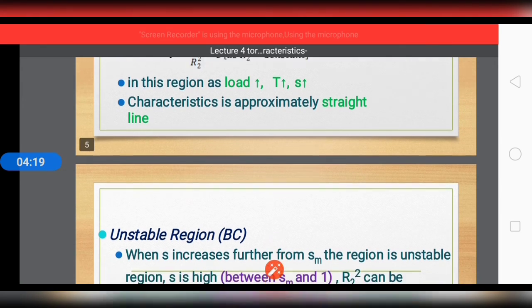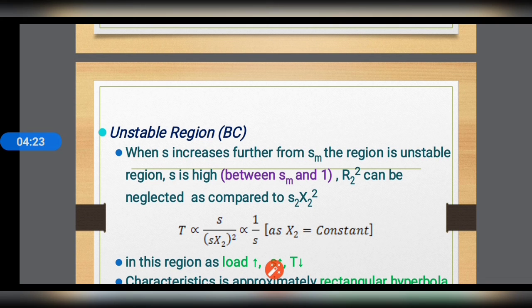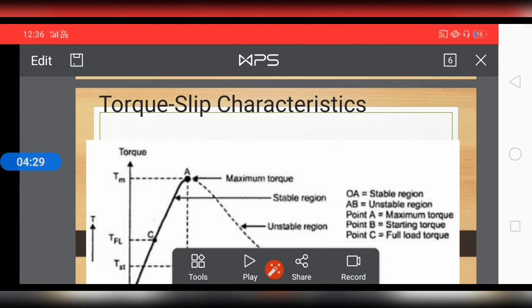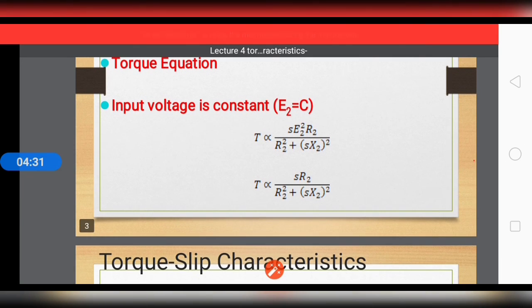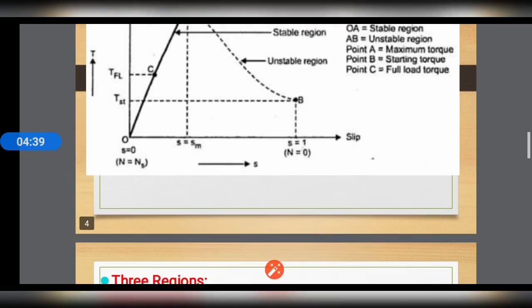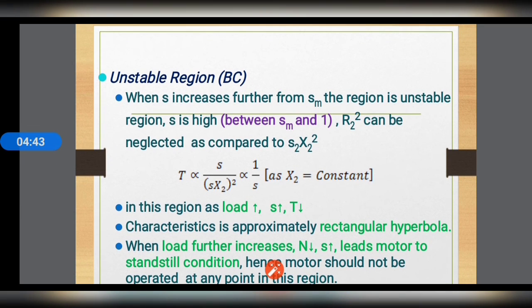Now moving to the unstable region. In the unstable region, the slip varies from Sm to 1. From the torque equation, the sX2 whole square term is greater than R2 square. So R2 square in the denominator can be neglected, and in the denominator we have only the sX2 square term.